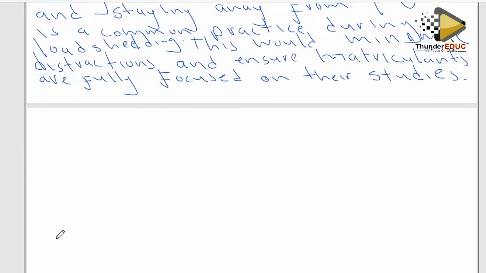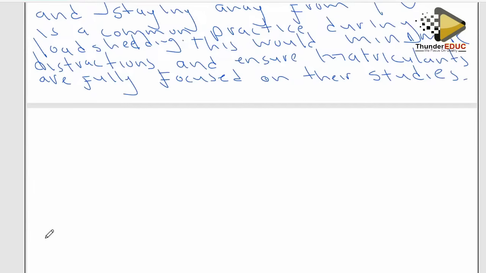Then in addition to this, we would also say that you can declutter and organize your workspace, as a disorganized desk would be more difficult to navigate during load shedding, which would make studying far easier and more enjoyable during load shedding. That could enable them to persevere during their studies.